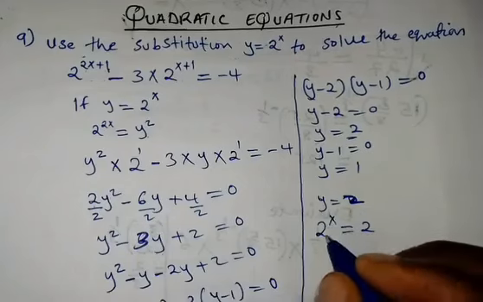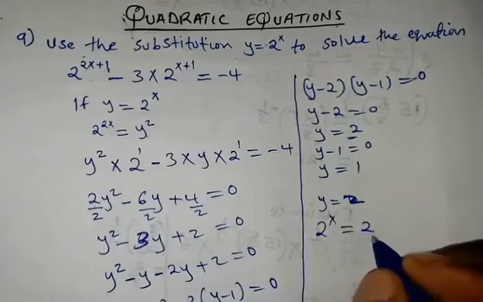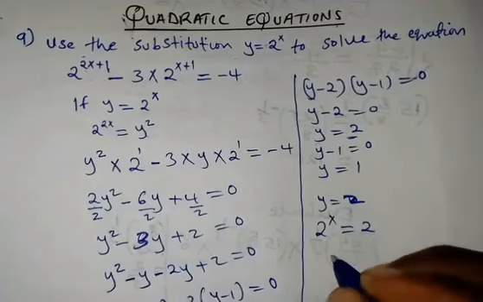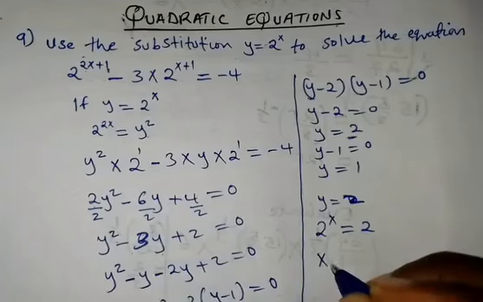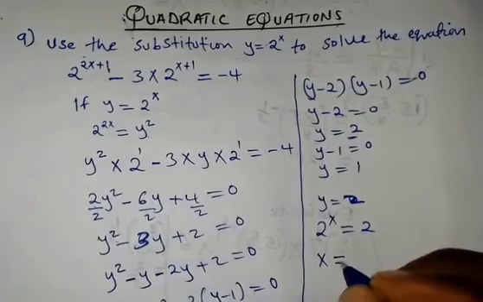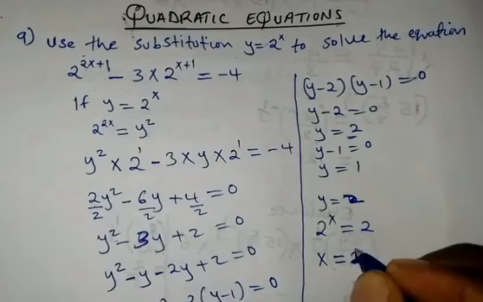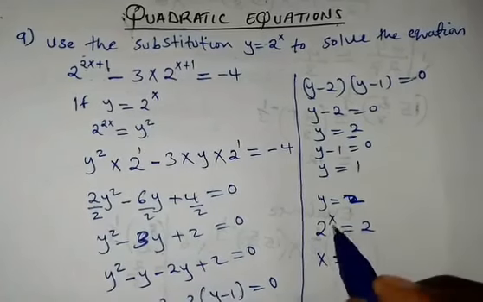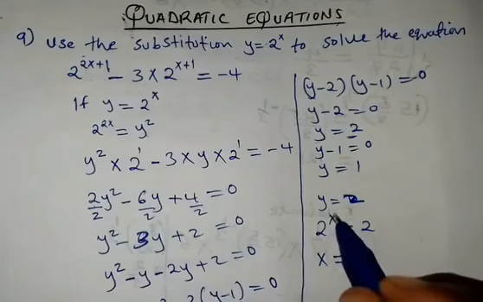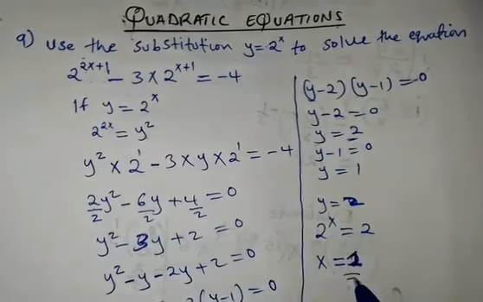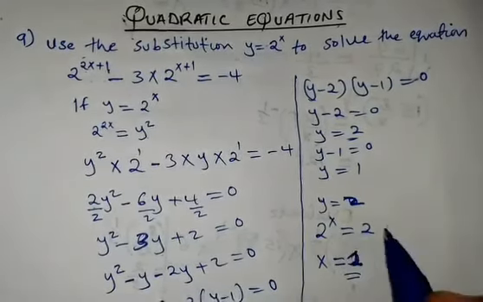So if 2 raised to power x is equal to 2, this tells us that x is equal to, not 2 but 1. Which number, when we raise 2 to that power, gives us 2? This tells us that the value of x in this case is supposed to be 1.